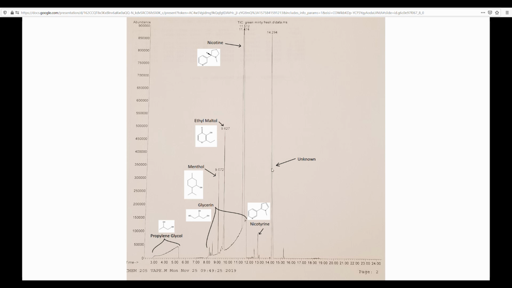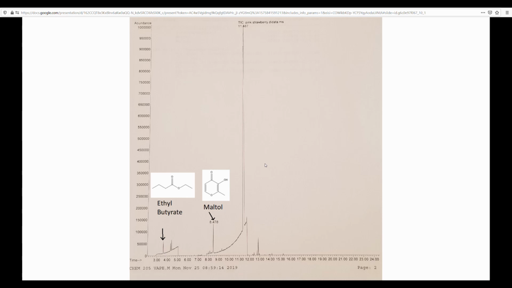The only other way we'd be able to separate these two compounds is if we really slow down our heat ramp rate. If we slow that down, hopefully the compounds have slightly different boil points and maybe they'll separate, and we'll be able to get a better clue as to what they are. But because we haven't really done that, they've eluded together and it's a mess of just unknowns.